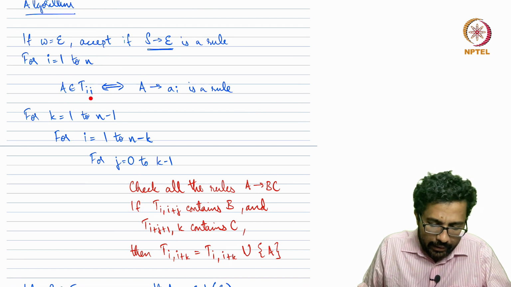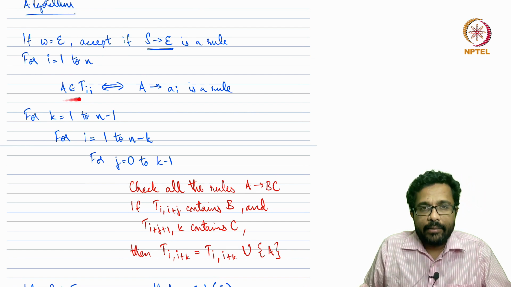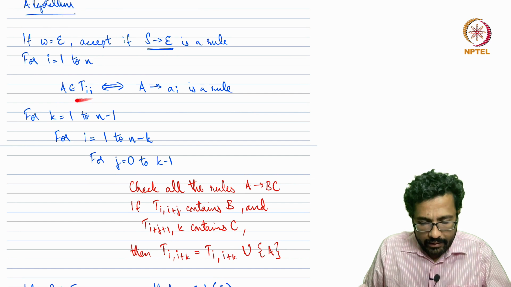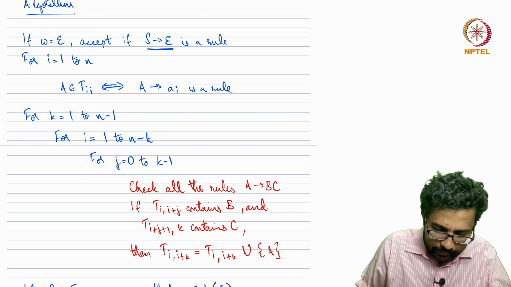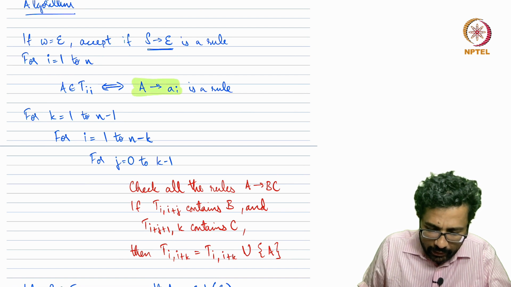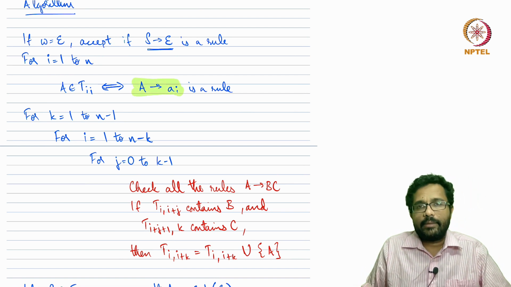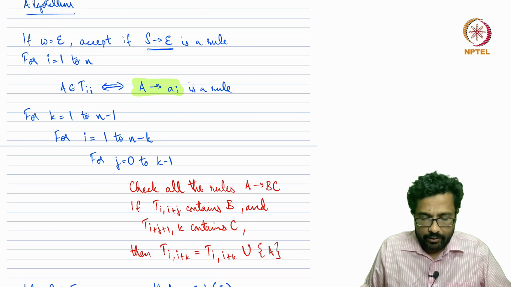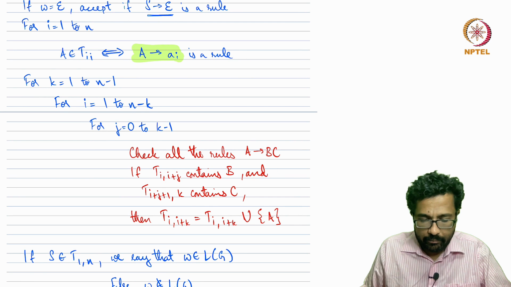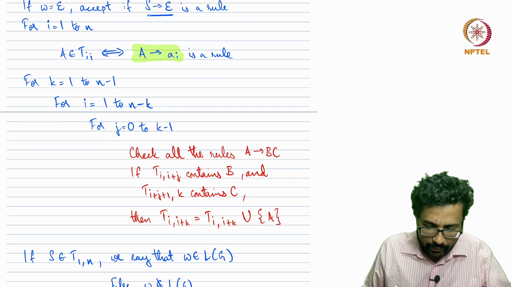We build the sets T i i, where A is in T i i if there is a rule where A gives the symbol A i. For bigger substrings, for substrings of length 2 and above, we have this process.